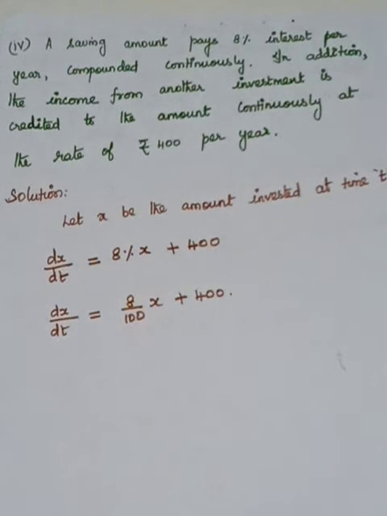So an amount is invested, on that amount every year the interest rate is 8%. Along with that, some other income is added to it, so per year, that is 400 per year.